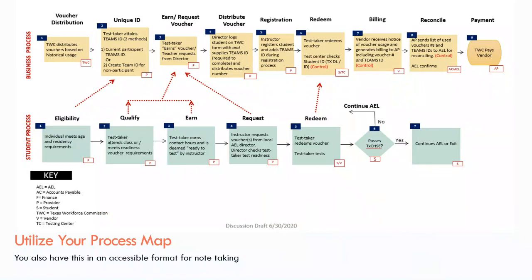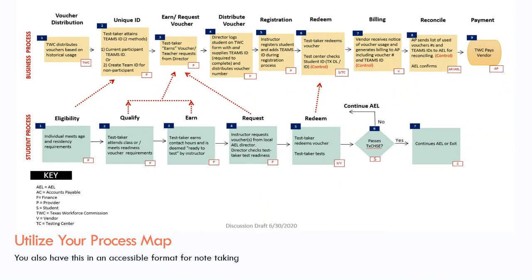And if you see a P, then you know that that is something you are likely going to see in our AEL letter as a no local flexibility item, where we are going to ask that you create a process around this. So that's just a good indication as we move through this today. It'll help frame some things up for you and hopefully get you to a place where you want to ask some good questions for us.